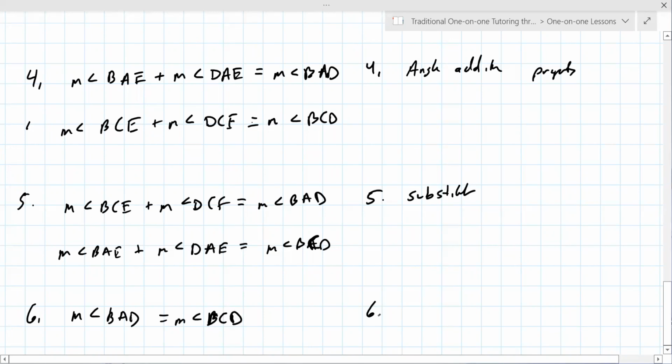That's almost always the transitive property: since this equals this and this equals this, those must equal each other. It's assumed by transitive property that works.